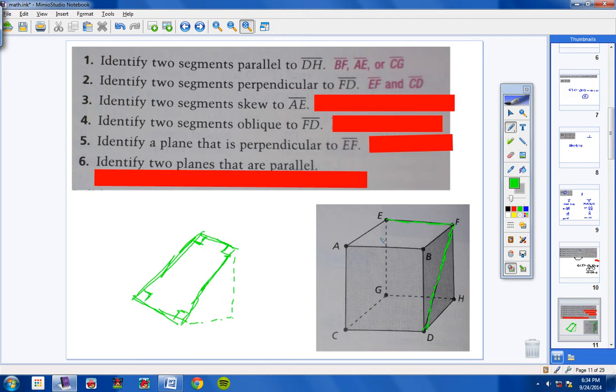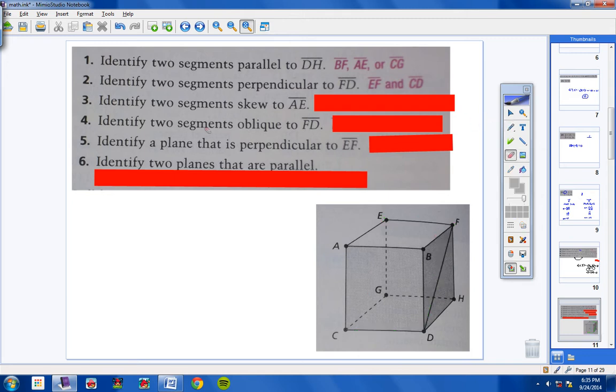So pretend you have a slanted rectangular plane running from this line down to this line. You would still have a right angle at each corner. So the lines that are perpendicular to FD would be CD and EF. Pretty tough question on that one.